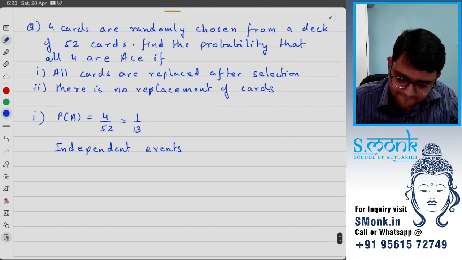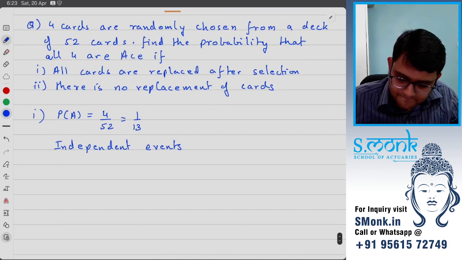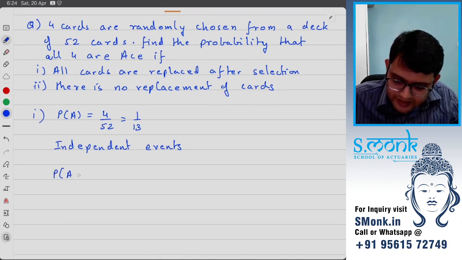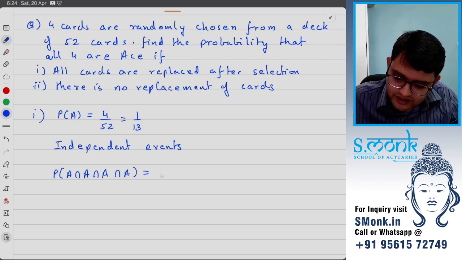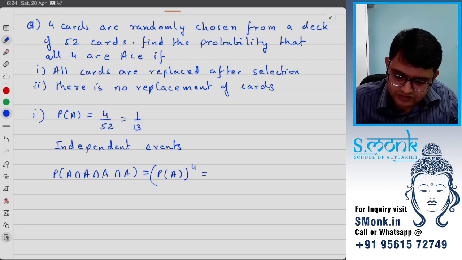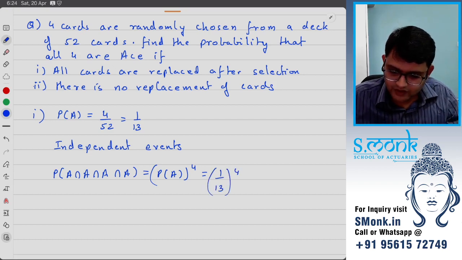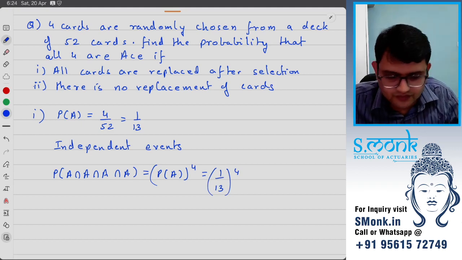Okay. So because they are independent, the probability that I will get an ace and another ace and another ace and another ace is just the probability of A multiplied with itself 4 times, so 1 by 13 raised to 4.